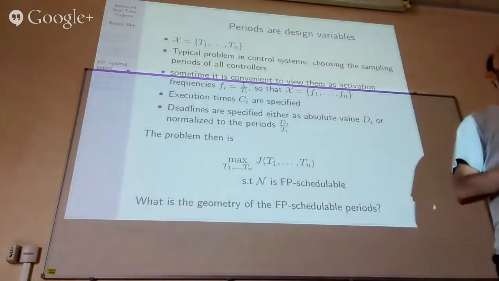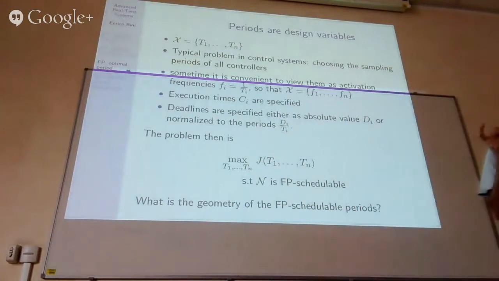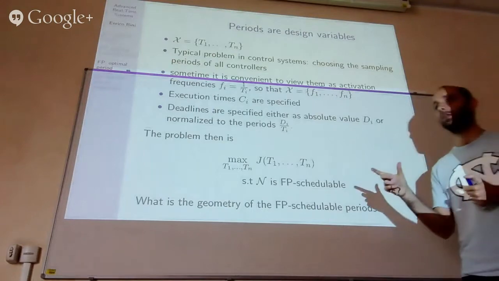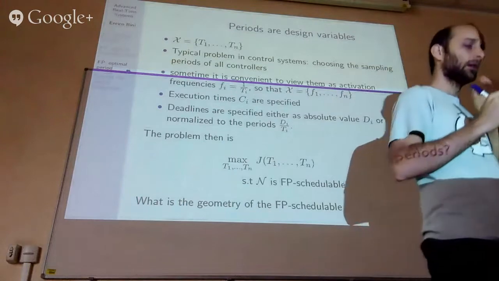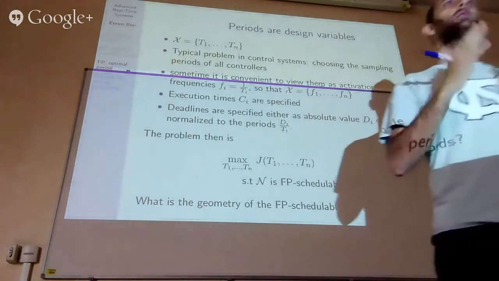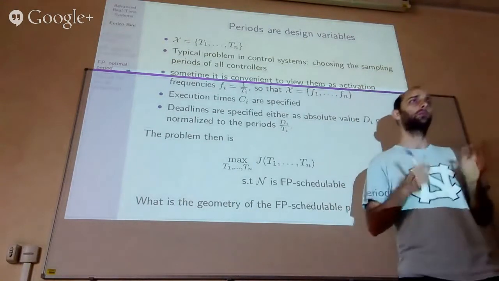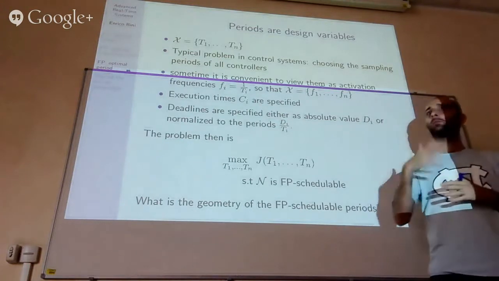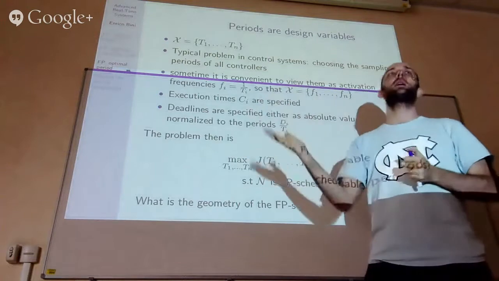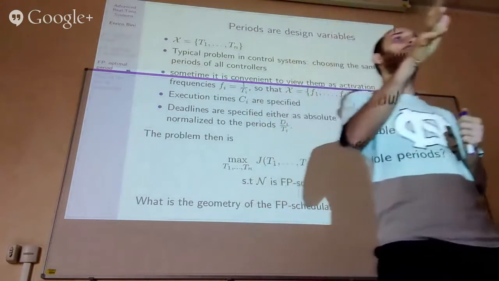In control systems, you have tasks which just compute, for example, a control law. And in those cases, estimating the execution time is quite easy, because it's just a matrix multiplication. It's reading a sensor, making a matrix multiplication, then applying actuation to the actuators.